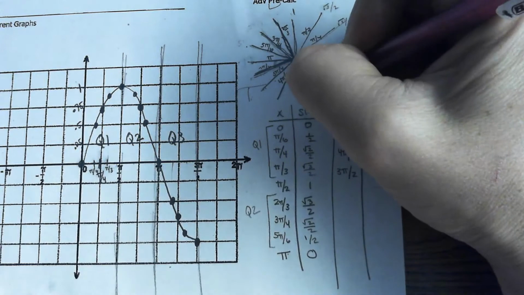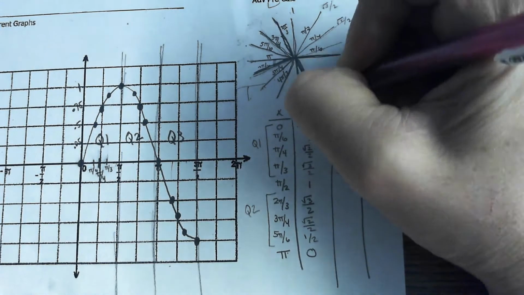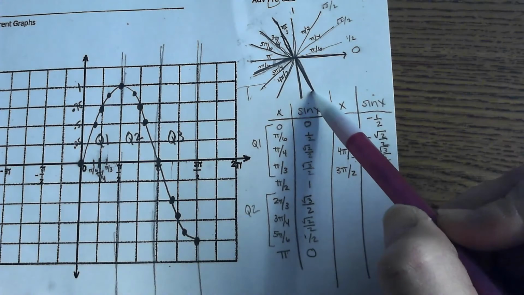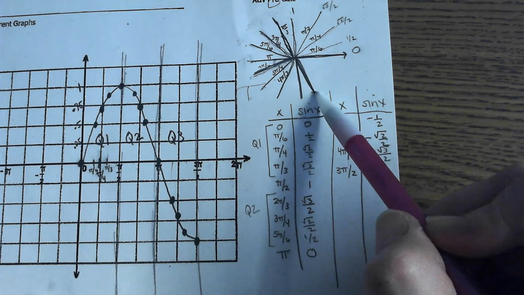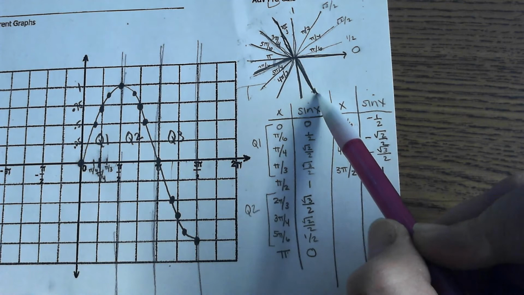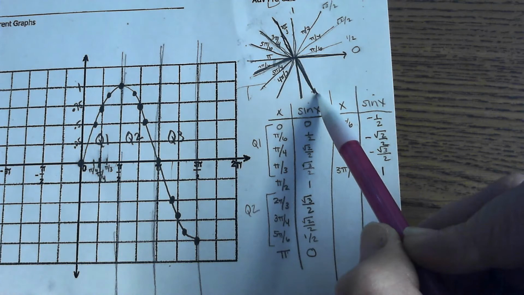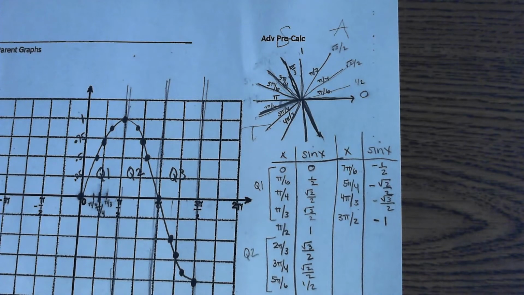So, Aiden, what will this be? Pi over 3 is correct.